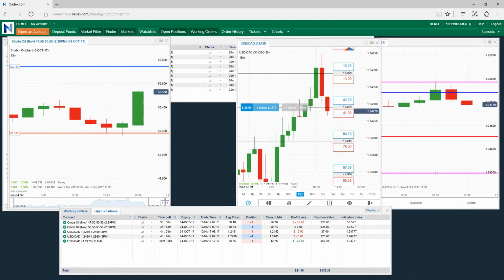And remember, this has until 2:30 this afternoon to move. In other words, if this just keeps going up and up and up, then we potentially have the opportunity to make more money. The only cap that we have is on the ceiling price right here at 53.50.